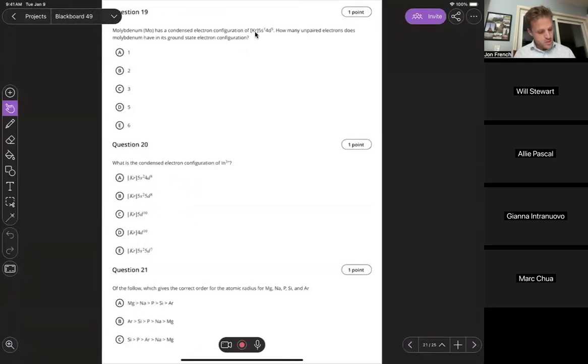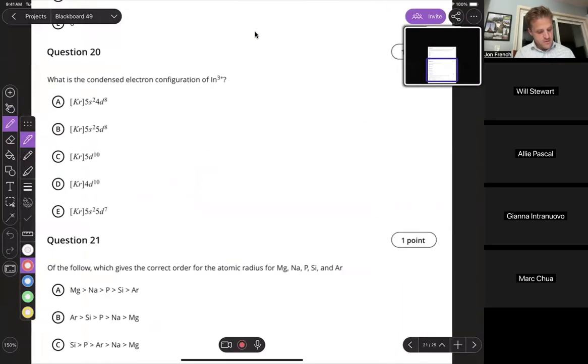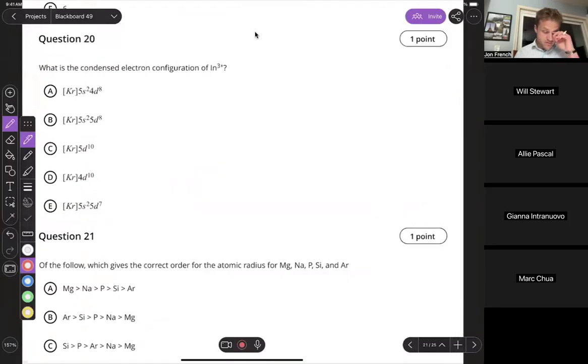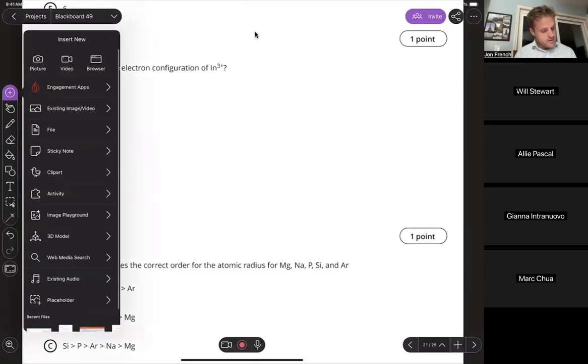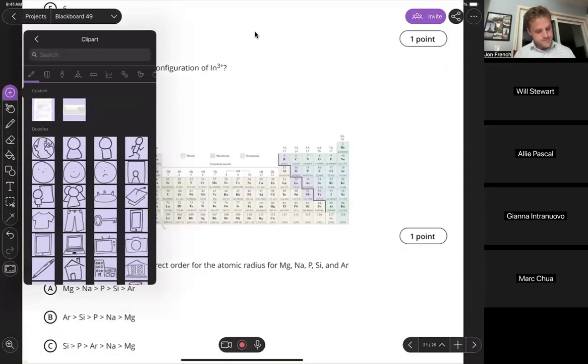All right, question 21. Of the following, which gives the correct order in atomic radius for magnesium, sodium, phosphorus, silicon, and argon? Let's see. We want to add in our periodic table here.